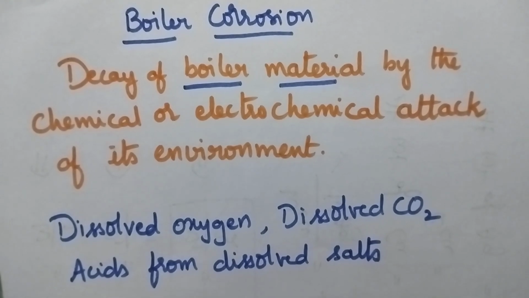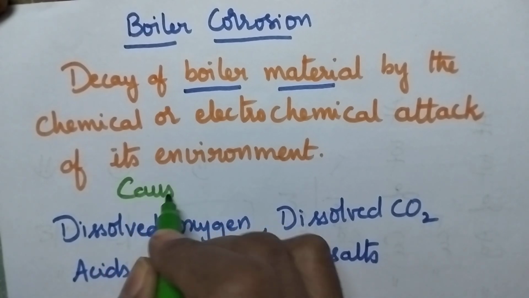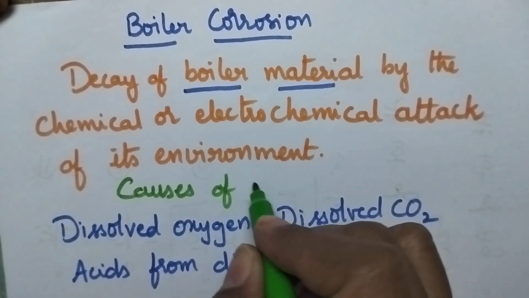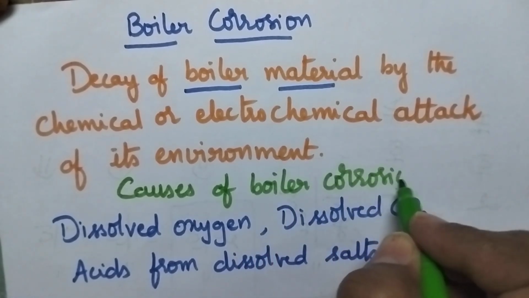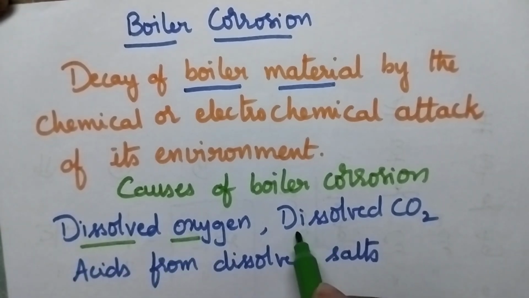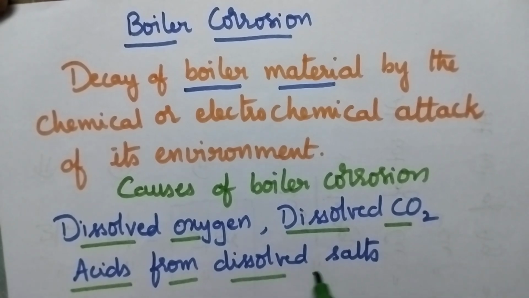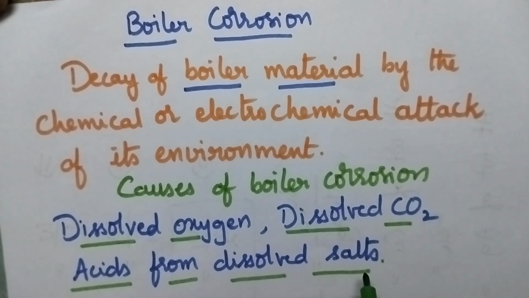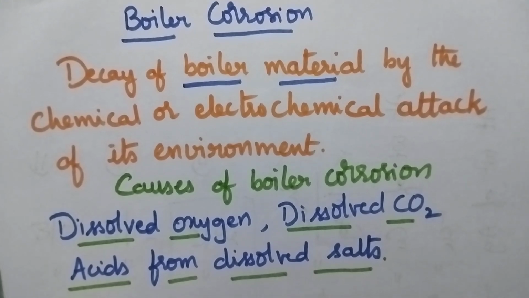So, what are the major causes for boiler corrosion? The major causes include three important factors, namely dissolved oxygen, dissolved carbon dioxide, or the formation of acids from dissolved salts. Dissolved salts means those which are responsible for the hardness of the water. Let us see how they are responsible for boiler corrosion.